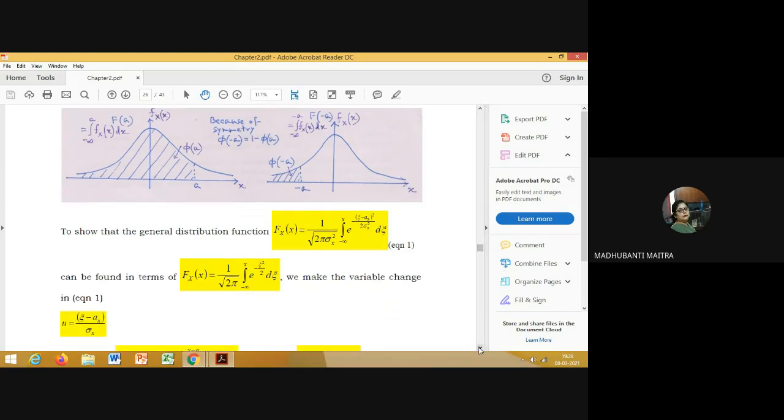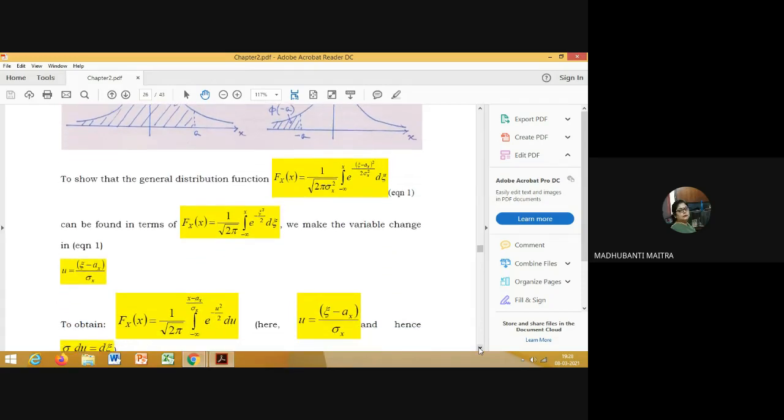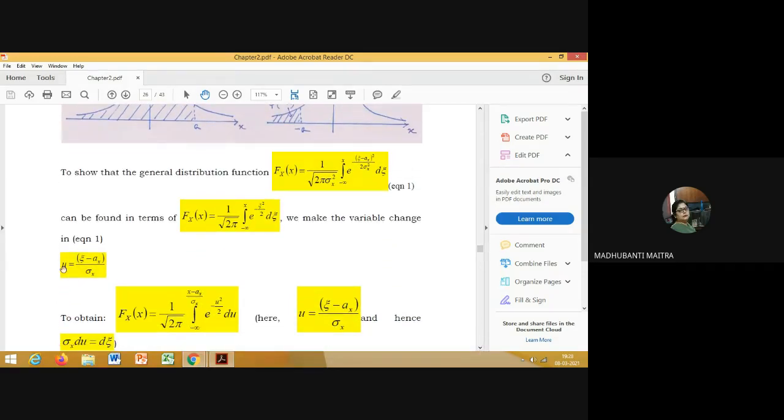So for that, we'll go for a variable change, and let's define a new variable u, which is equal to zeta minus ax by sigma x. So that means sigma x into u is equal to zeta minus ax. So if we go for this kind of variable change, then this limit will change, and now this limit will become x minus ax by sigma x, right?